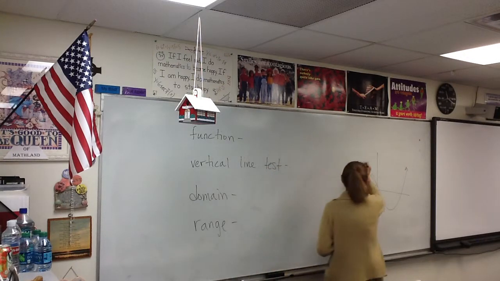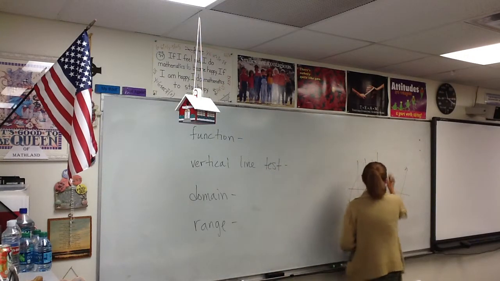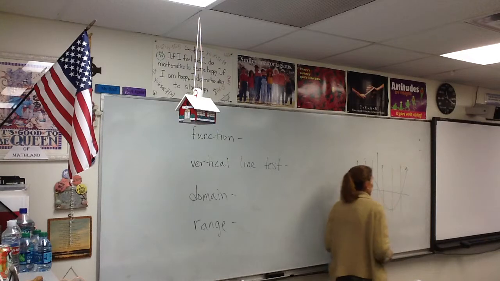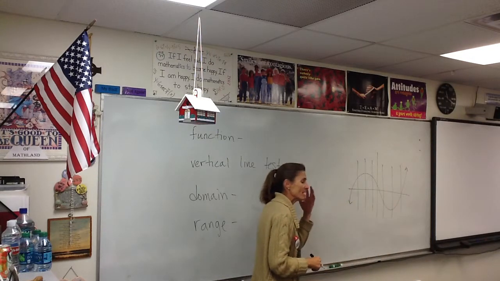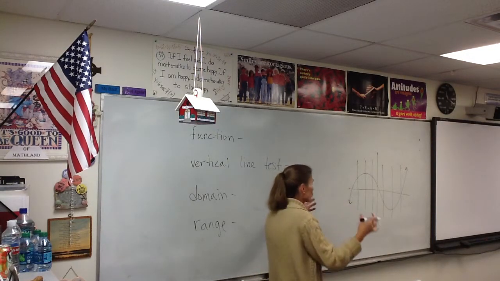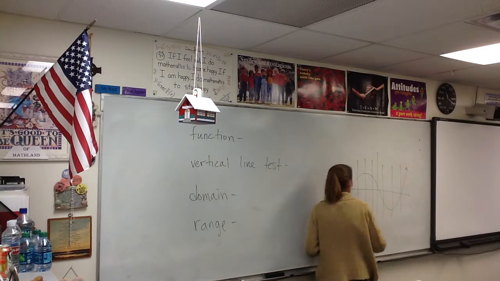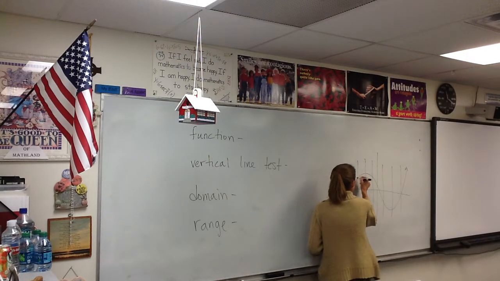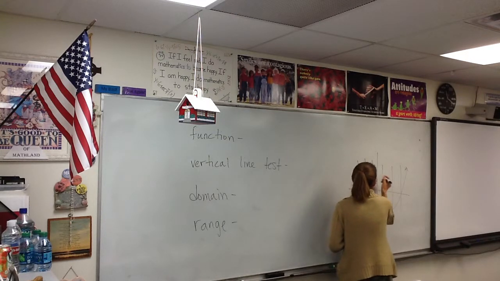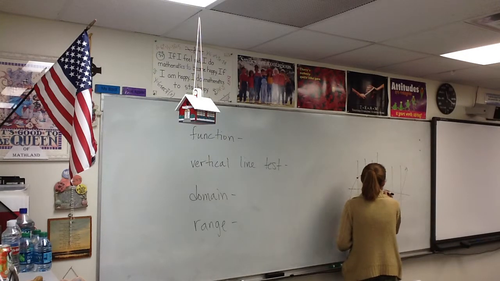So Maren has said one way to tell that is to pass a bunch of vertical lines down through the curve. You can do that mentally, you don't have to actually draw the vertical lines. And every vertical line you draw is allowed to hit the curve in no more than one place.